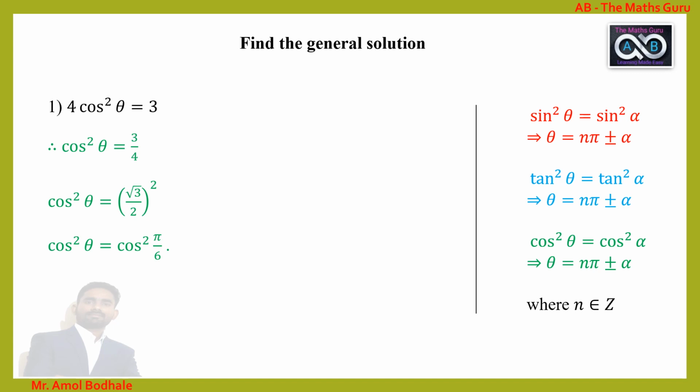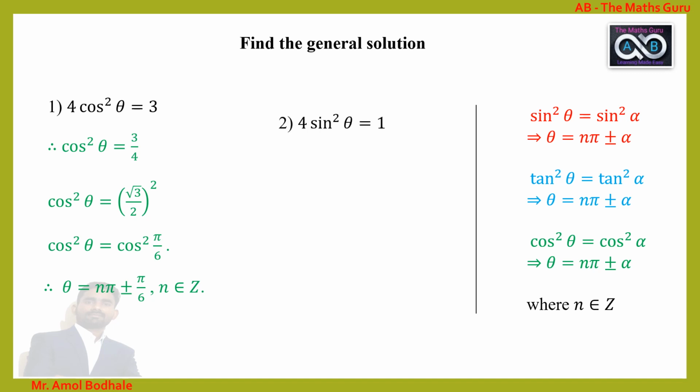We know that cos of pi by 6, that is cos 30, is root 3 by 2. So we can write cos square theta equal to cos square pi by 6. Now this example is of the third result, cos square theta equal to cos square alpha, and the solution is theta equal to n pi plus or minus alpha. Therefore theta equal to n pi plus or minus pi by 6. So this is the general solution.